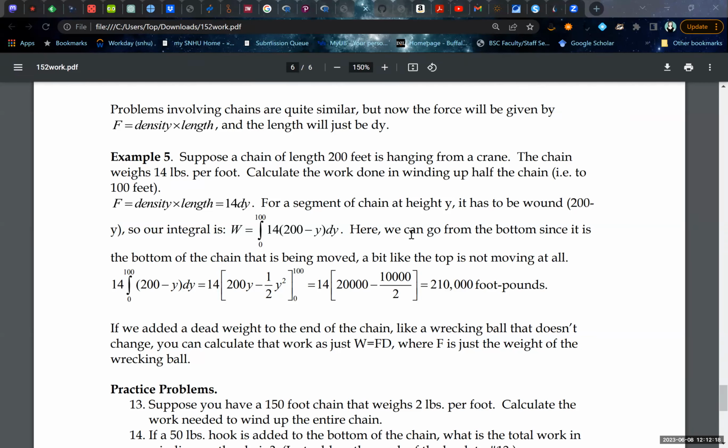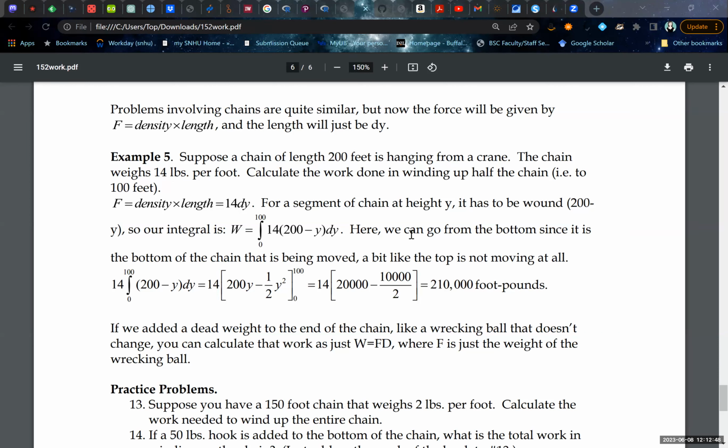And so you don't have to spend as much force, because you don't have to bring the entire chain the same distance. The top of the chain doesn't have to go as far. The bottom of the chain does have to go as far. And so it's not a constant, it's not like it's all lying on the ground and you're just picking it up in a big pile. So that is why we have to do integration for this problem.